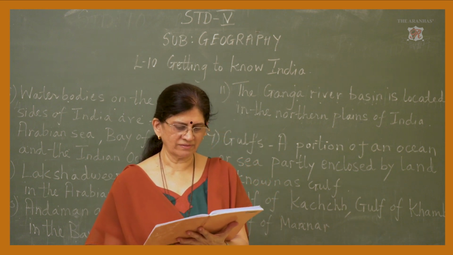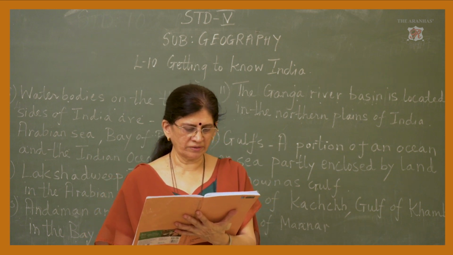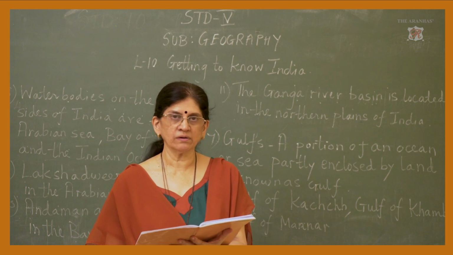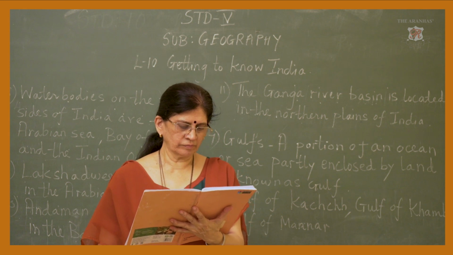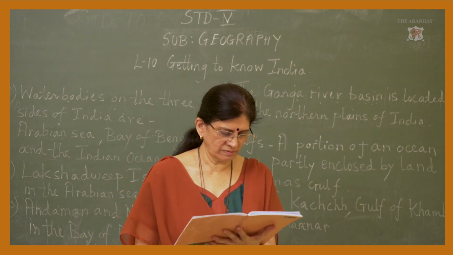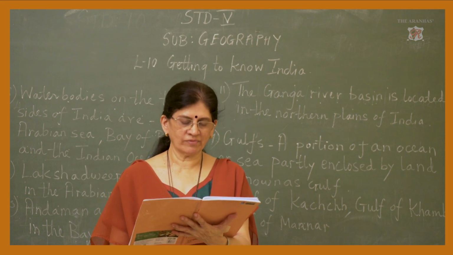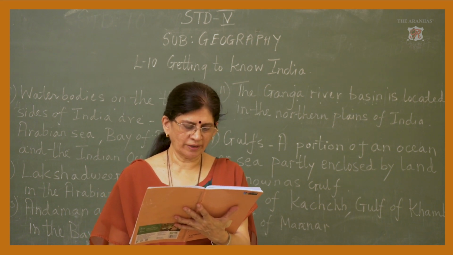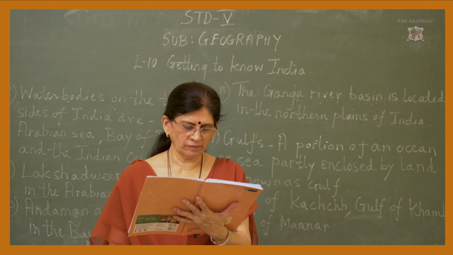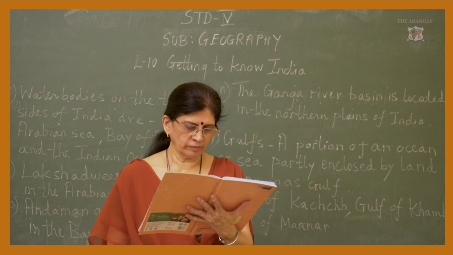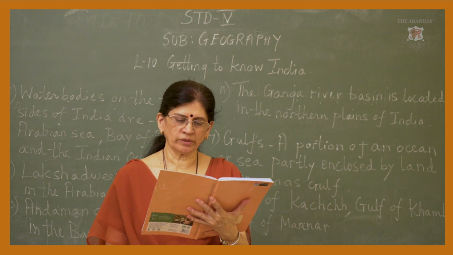See, a state has a separate governing body, whereas a union territory is directly governed by the central government. Now, the union territories are Andaman and Nicobar Islands, Chandigarh, Dadra and Nagar Haveli, and Daman and Diu, Delhi, Jammu and Kashmir, which is recently formed, Lakshadweep, Ladakh and Puducherry.